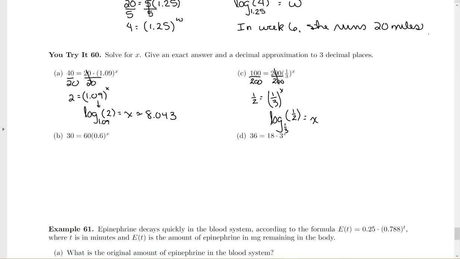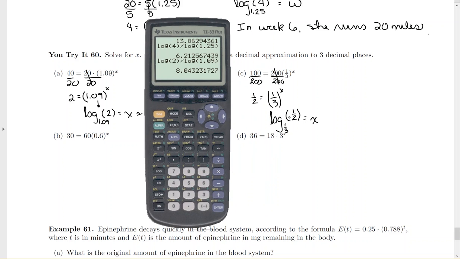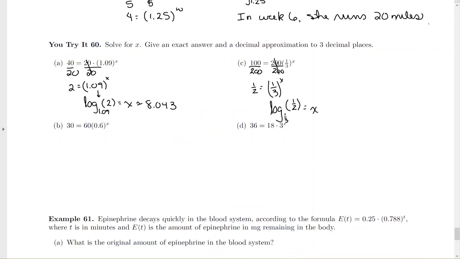So once you have the x by itself, that's the exact answer. Now go to your calculator and do the same. So I'm going to do log 1/2 divided by log 1/3. Come up with 0.63, and again, to 3 decimals, it'll be 0.631. Round it up.